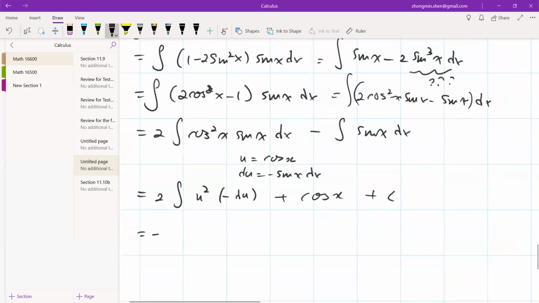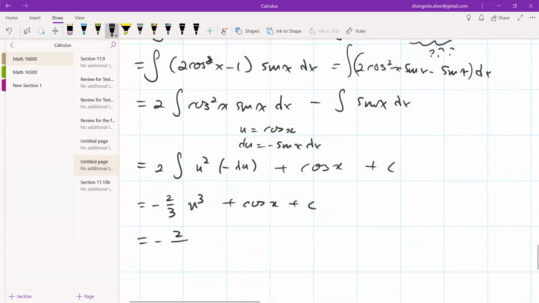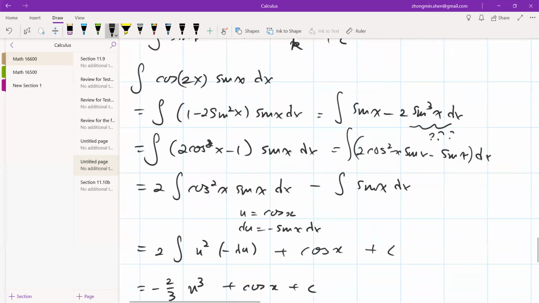So now you have negative 2 over 3 u cubed, and plus cosine x plus c. So u is cosine x. So I get negative 2 over 3 cosine cubed x plus cosine x. The final answer is quite different from the previous one we got, but it's the same answer.